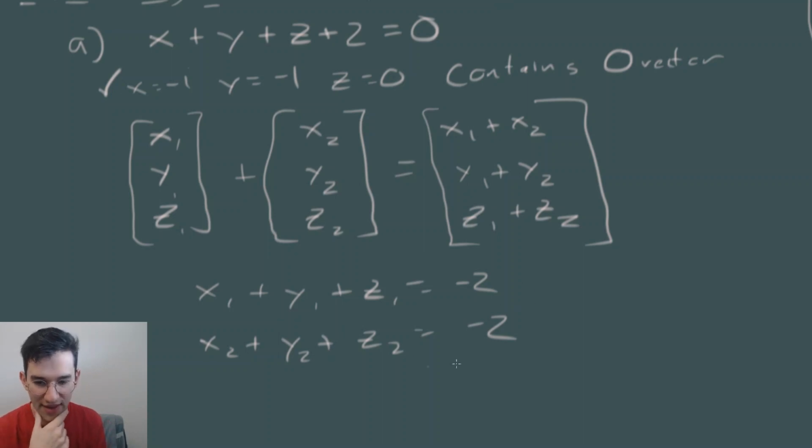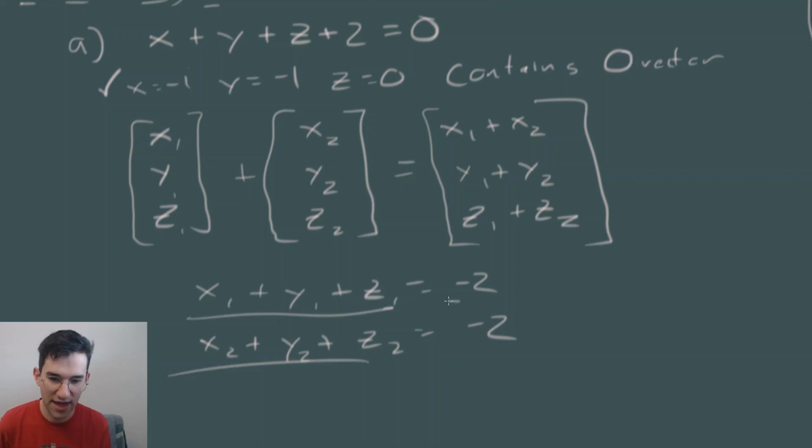Given that, when we add this row and this row, and add both sides, we get that it equals -4. So this can't be closed under vector addition.